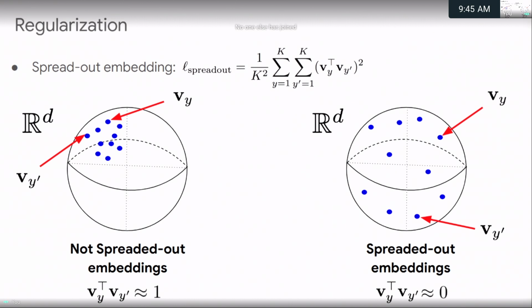As a result, the inner product is going to be close to 0. If you have spread out embeddings, then this spread out loss function is going to be small.